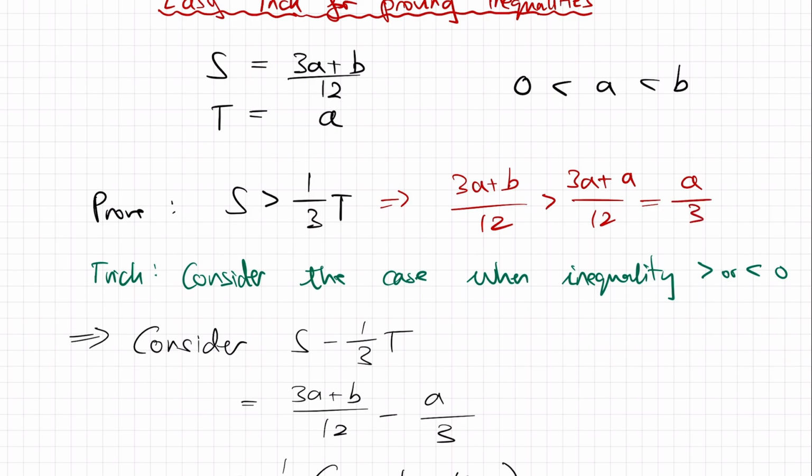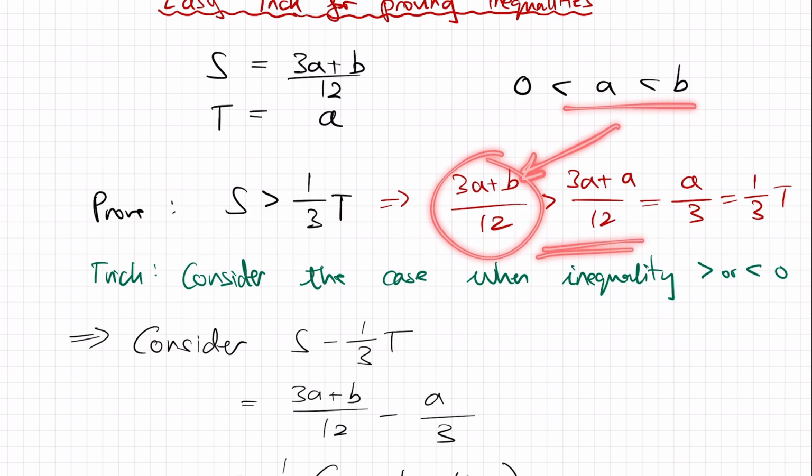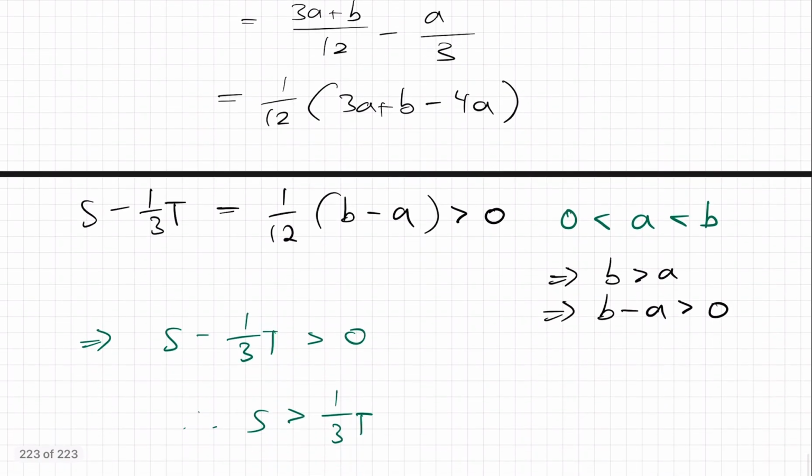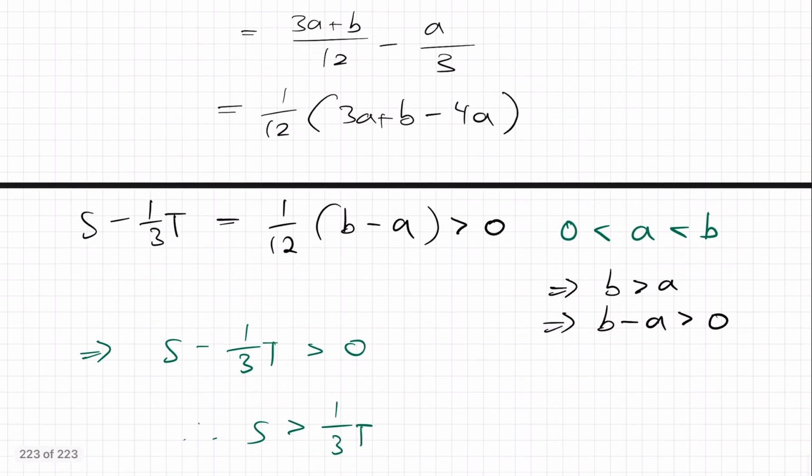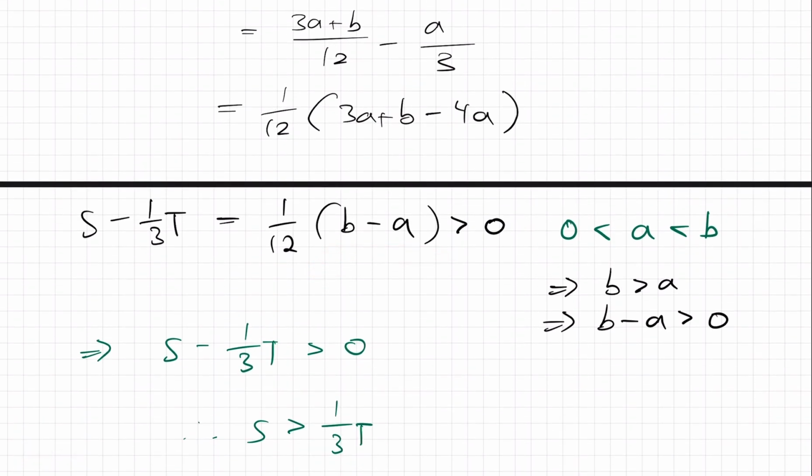Because it's 4a over 12, that's equal to that, and then that's equal to t over 3, or 1/3 t. So that's how you could prove this without using this trick, but it's a bit more complicated, because you have to take note of the fact b is greater than a, so therefore this quantity is going to be greater than this quantity, which is a bit harder than just moving everything over to 0 and then observing that the sign of this is positive.